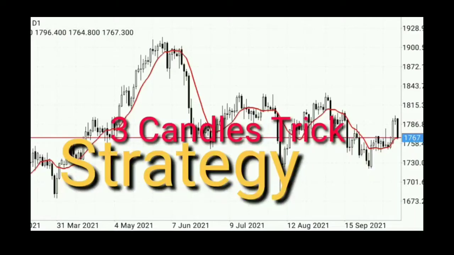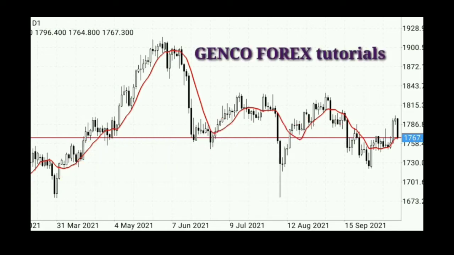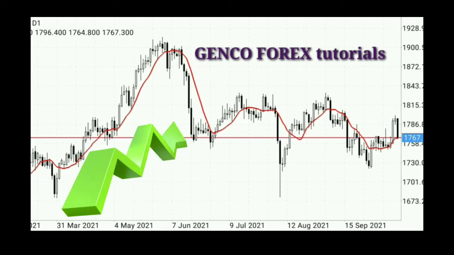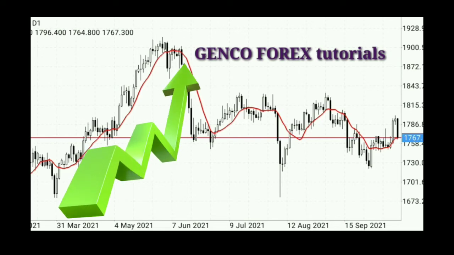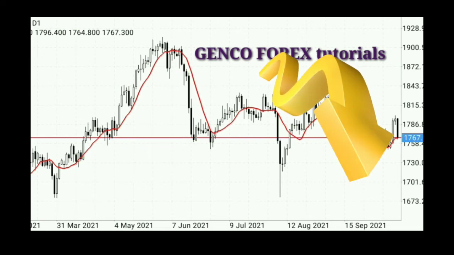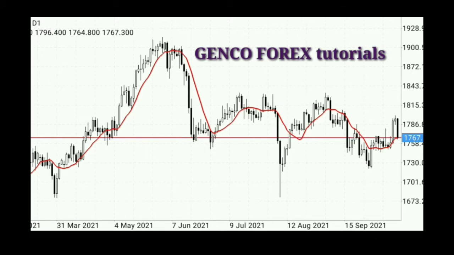From our previous class tutorial, I asked you guys to go to your charts and count the number of times you have 3 candlesticks moving in the same direction, either bullish direction or bearish direction, to really bring out the essence of this strategy. Hope you try that out.